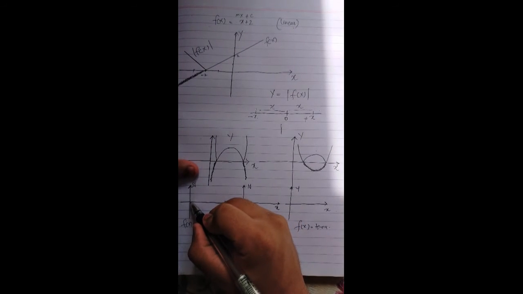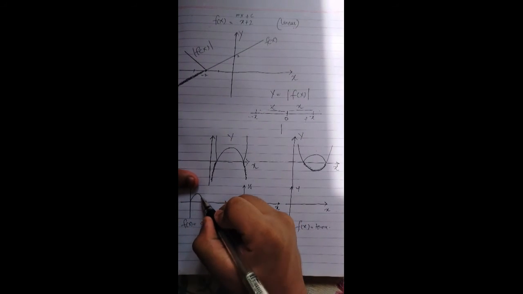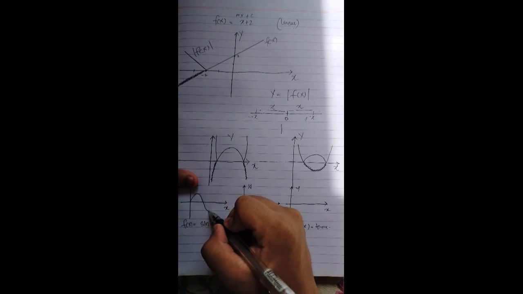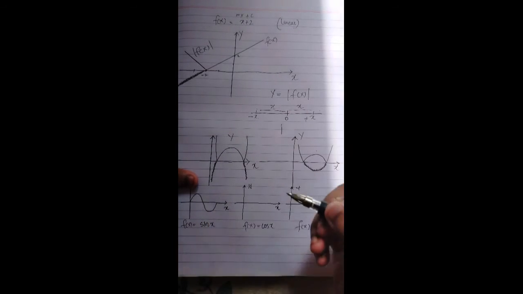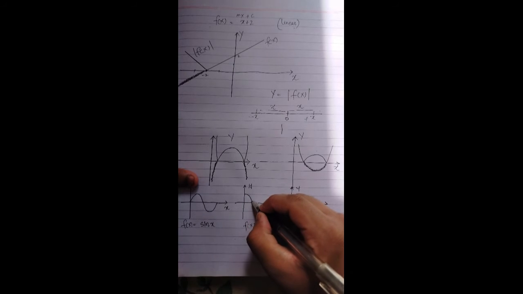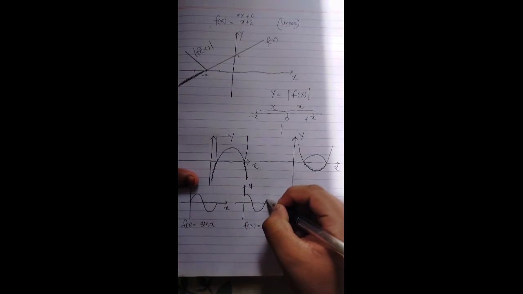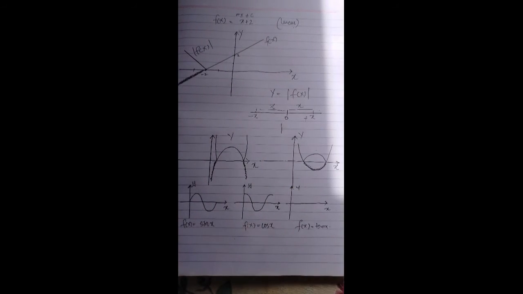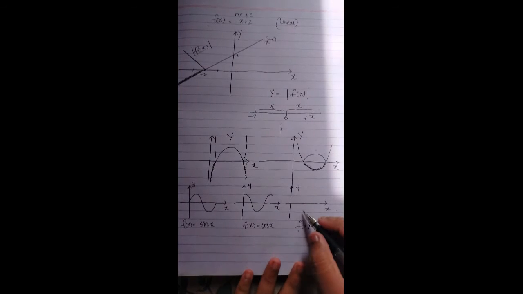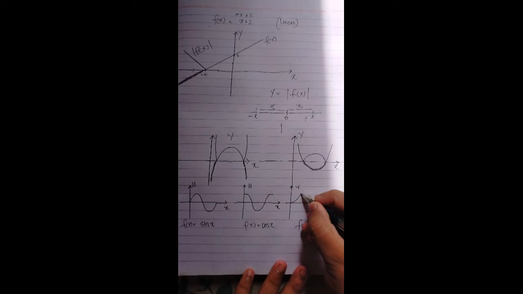So what you need to do is remember the shape of these graphs. This is the sine graph. This is the cosine graph, and this is the tangent graph.